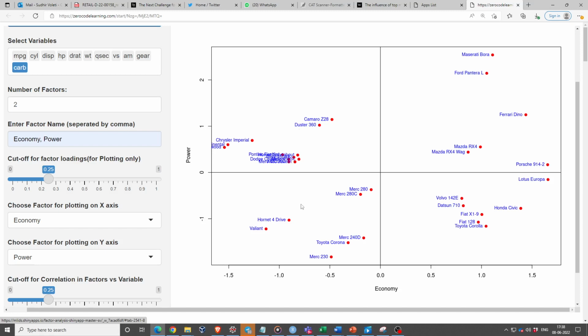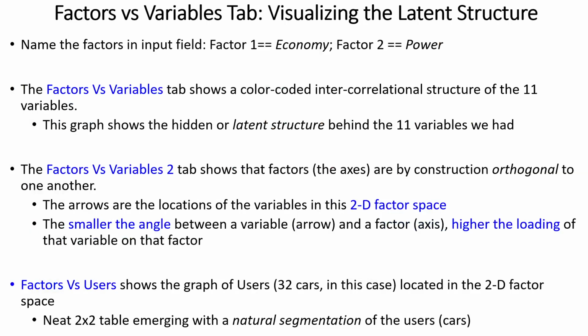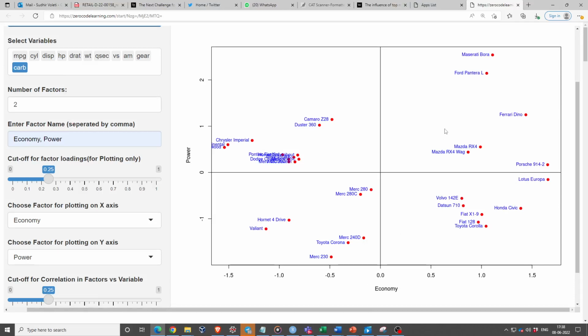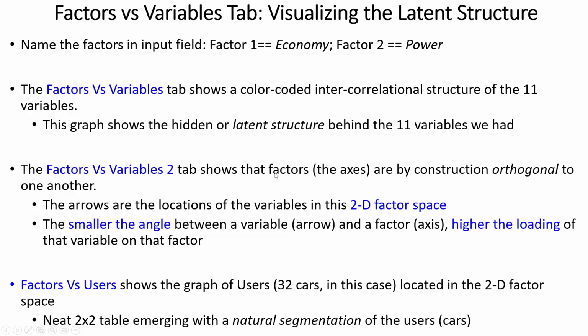The left half is lower than average on economy. Similarly, the top half is higher than average on power, and the bottom half is lower than average on power. So there it is. A natural segmentation can be seen. In some sense, we are segmenting these cars on the basis of economy and power.